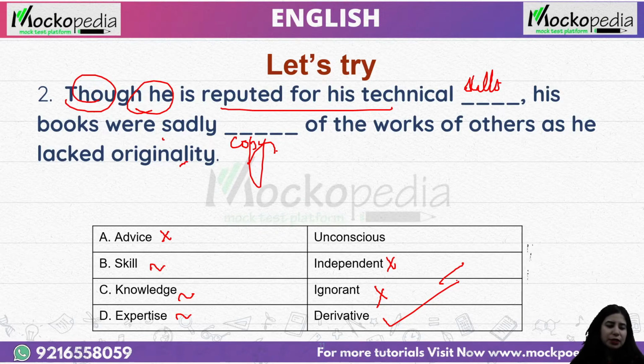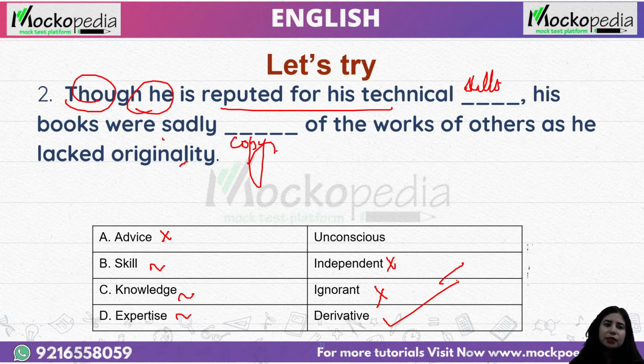So I hope this is clear to everybody. An interesting question, right? You can see transitions here, you can see the sentence length increasing from the previous question, and you can just eliminate one answer choice. At times it is as simple that even if you crack one blank, you can reach the right answer. The choices are so expanded, but at times the choices are very close and it is difficult.